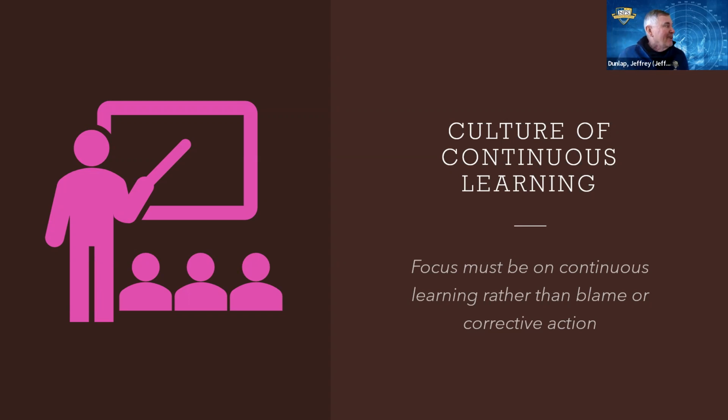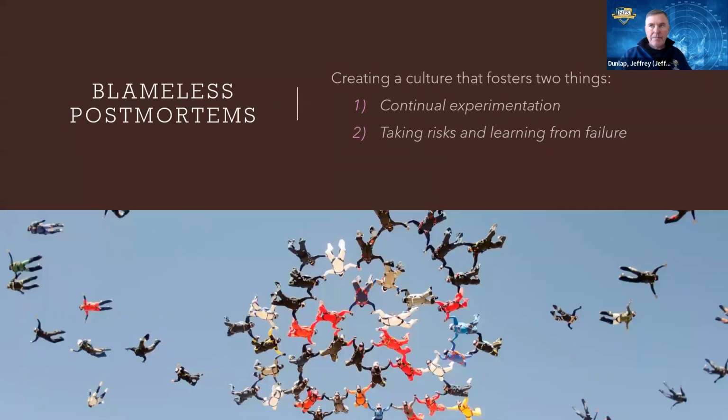The corrective action is sort of our thing, and blame is sort of our thing in the government. And so we need to sort of change our culture to where we're more in a learning type of environment. So if something does happen and we were unable to do what we said we're going to do, we need to have the blameless post-mortem.